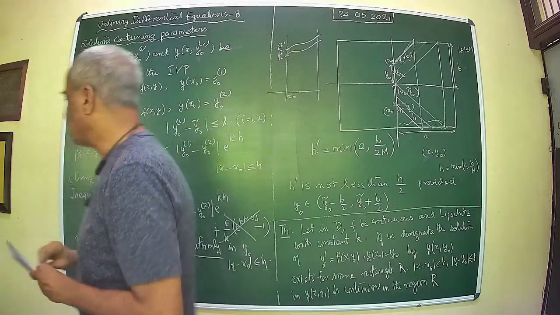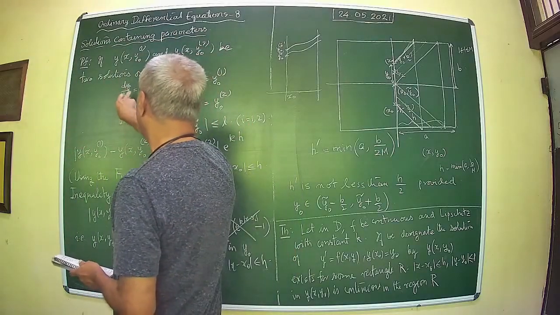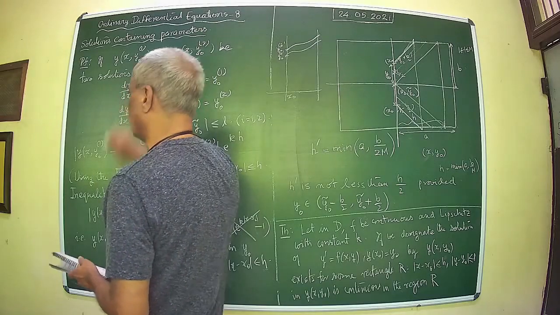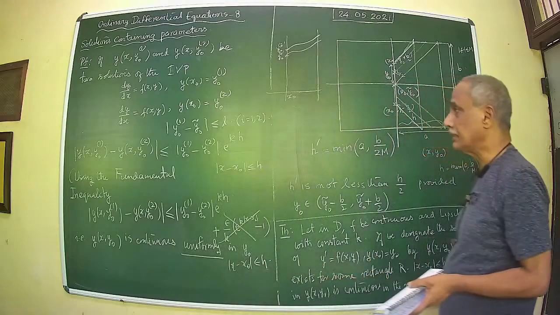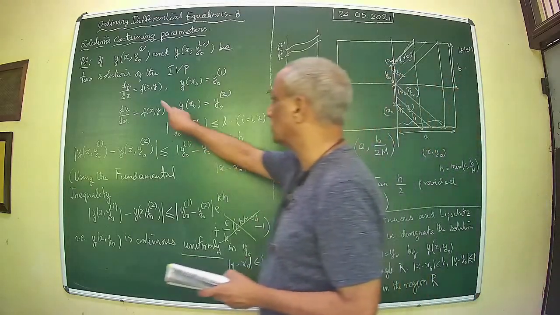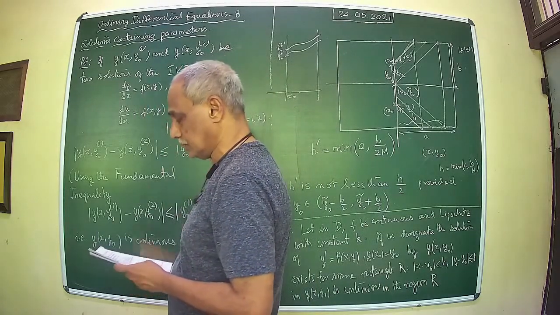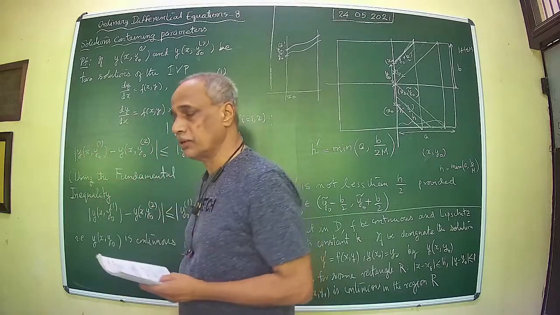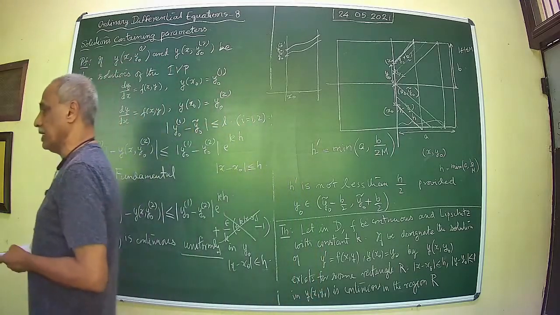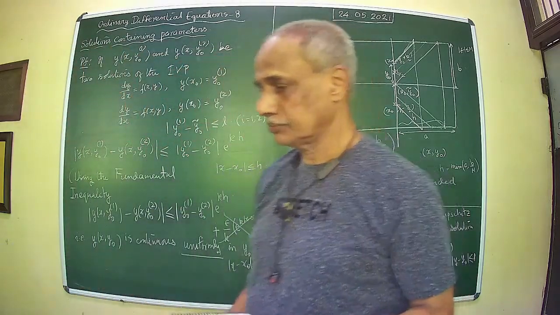That means, suppose you are assuming some extra smoothness of f with respect to y, like Lipschitz continuity is there, but otherwise you also assume that the partial derivative of f with respect to y is continuous. What can you say? How does it translate into certain smoothness on the solution?